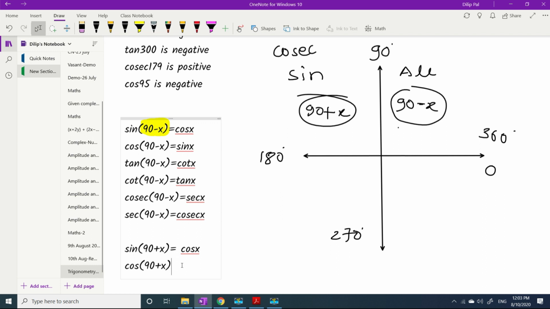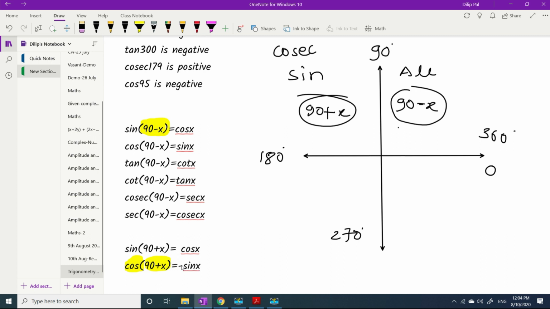Cos 90 plus x, if I'm asking, what is the answer? So this is going to be minus sine x. Why minus sine x? Because here it is cos, right? And cos 90 plus x, where does 90 plus x come? It comes in the second quadrant, right?